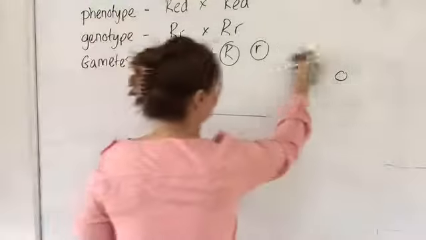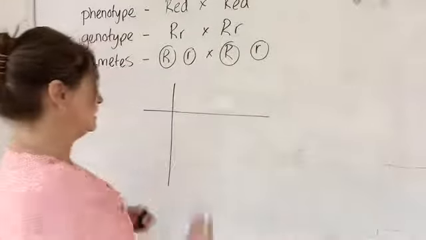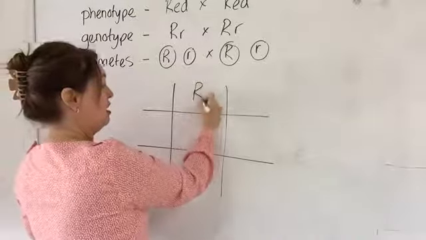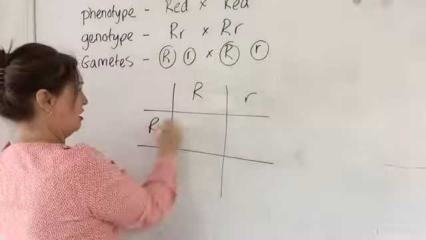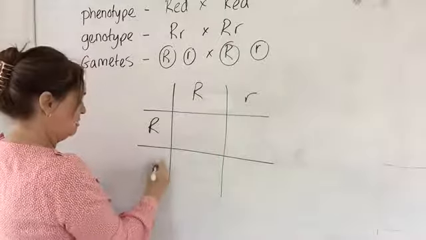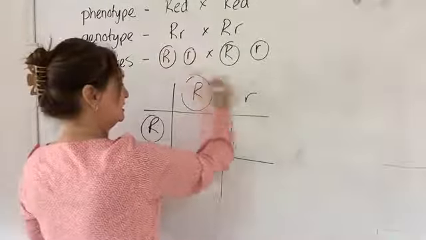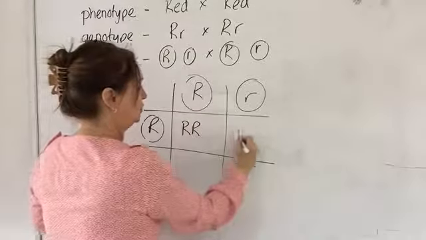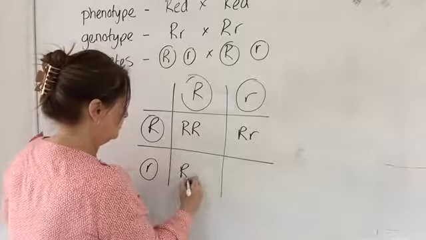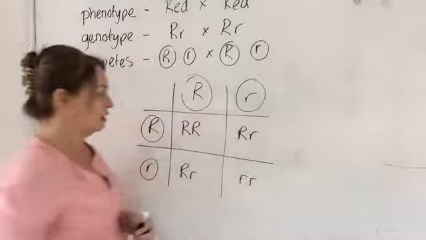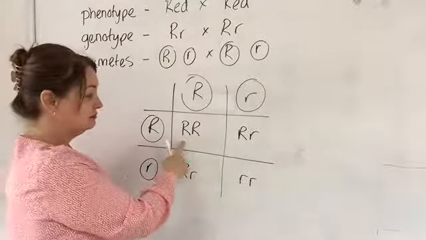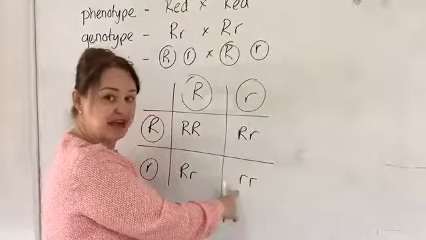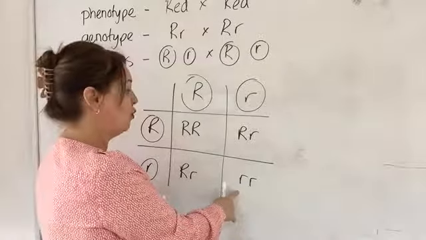because you're going to get mixed up as you do your diagram. So we need to put our gametes into our Punnett square, and we're going to do big R, little r, big R, little r, circle them to show that they are indeed gametes, and then as we cross them, this is going to be red, this is going to be red, this is going to be red, and this one lacks the red pigment, so it's going to appear white.